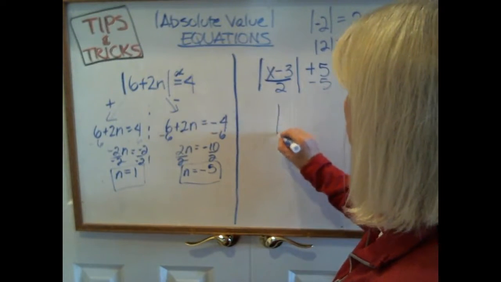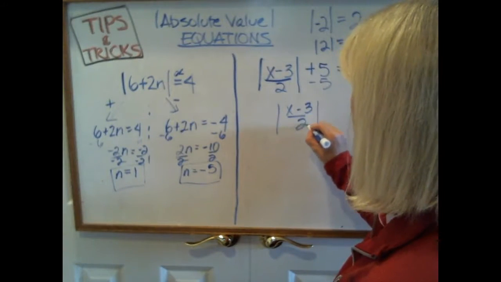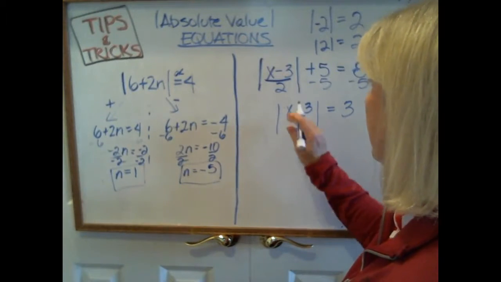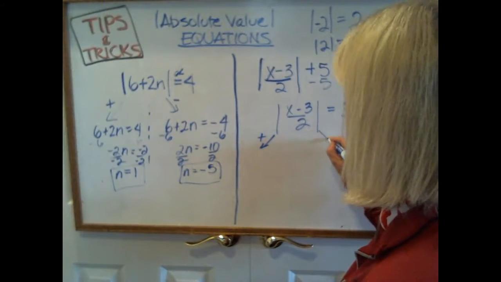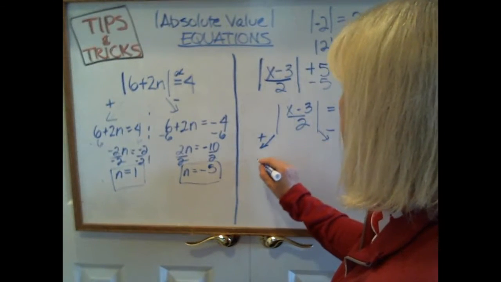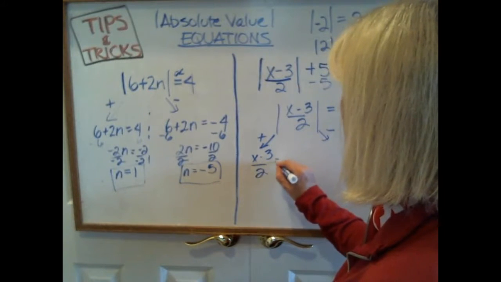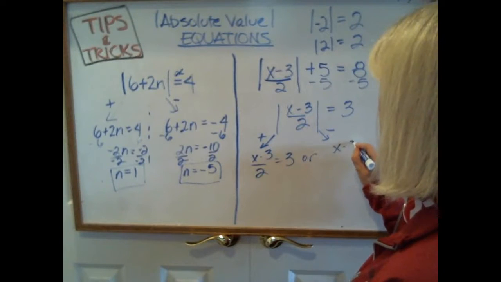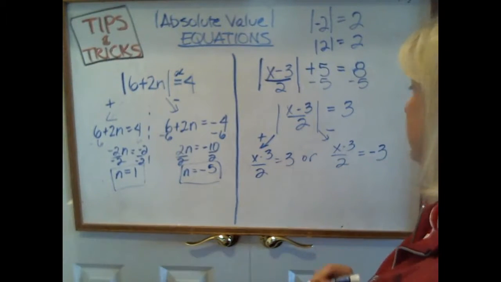So we get absolute value of x minus 3 over 2 equals 3. Now it's safe, so we can go in the positive direction and the negative direction. So we're going to have x minus 3 over 2 equals 3, or x minus 3 over 2 equals -3.